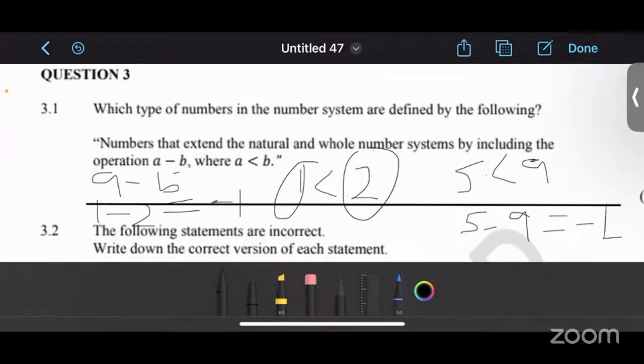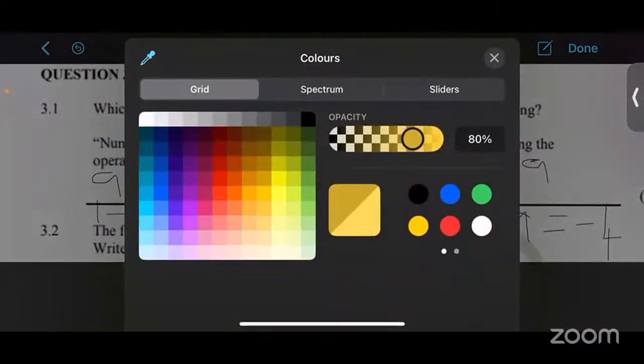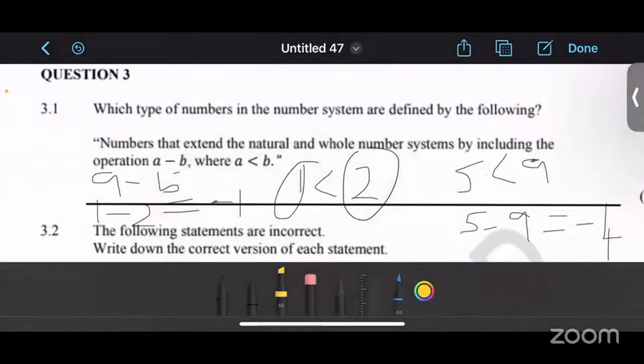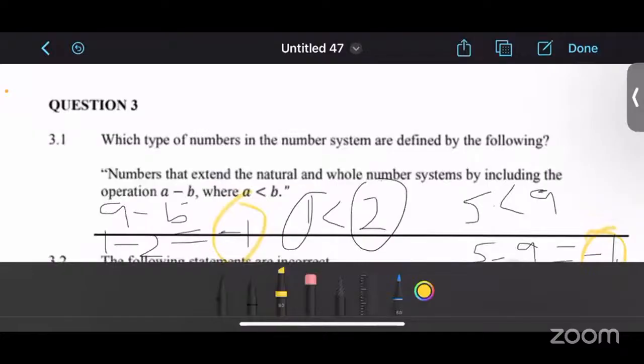Let's pick another one: a is 3 and b is 10. So 3 minus 10 is equal to negative 7. So you see, this is also a negative number.